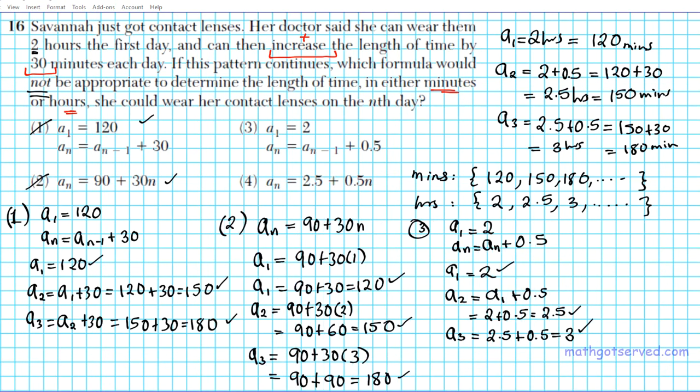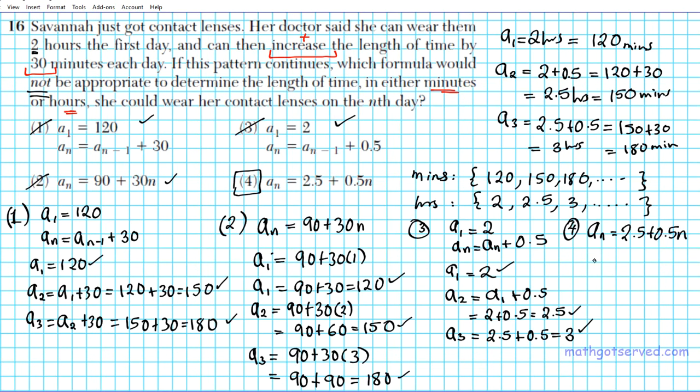All right, so since option 3 works nicely, that means it's not the answer. Then our answer should be option 4 by elimination. Okay? All right, let's verify to make sure that it is correct. So for option 4, we have a function again. So an is equal to 2.5 plus 0.5n.